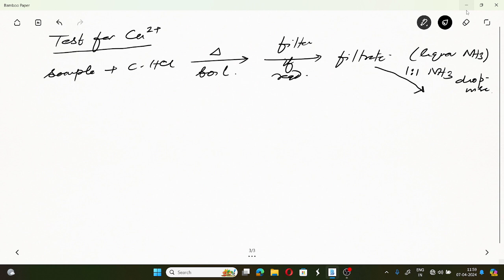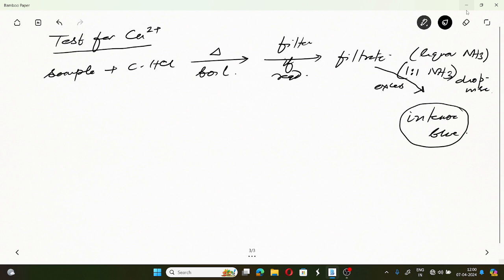You need to know how to clean the dropper properly. You have to add 1 is to 1 ammonia drop wise, and you'll find that upon addition of excess of this ammonia, this will become intense blue. This is an indicator that copper 2+ may be present.